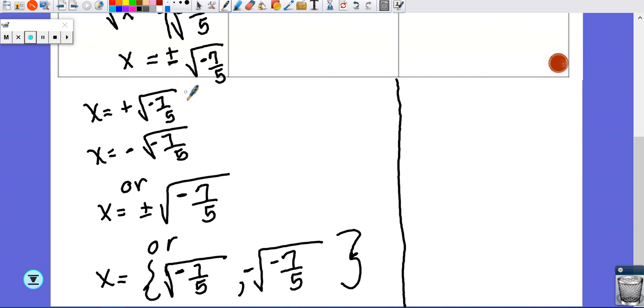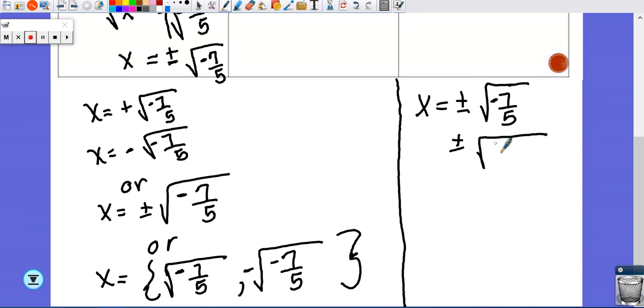The reason I said that was the unsimplified version is that if I have x equals plus or minus the square root of negative 7 over 5, we have an issue here. Remember when we broke down negative square roots, we know this is negative 1 times 7 over 5.